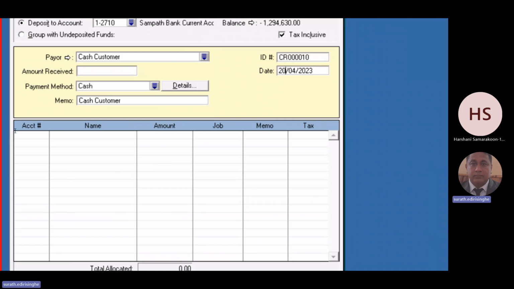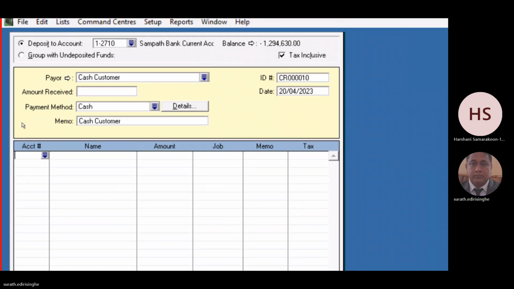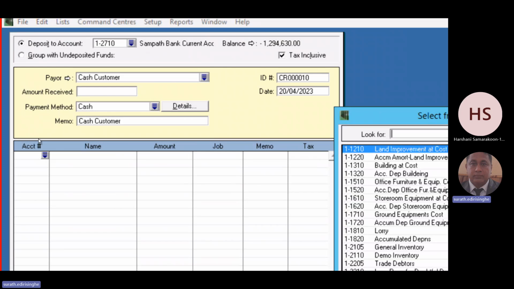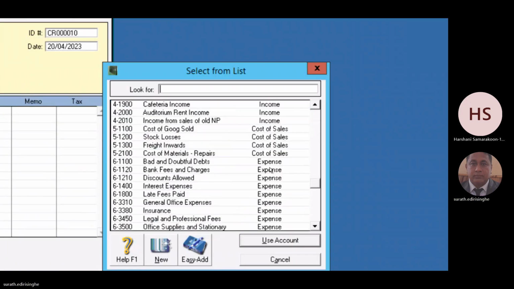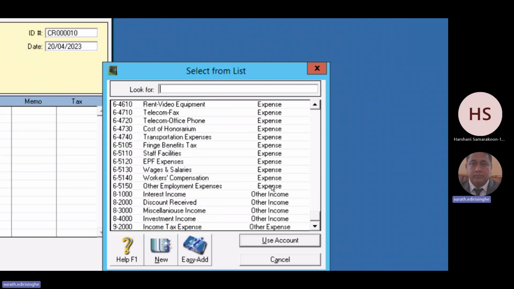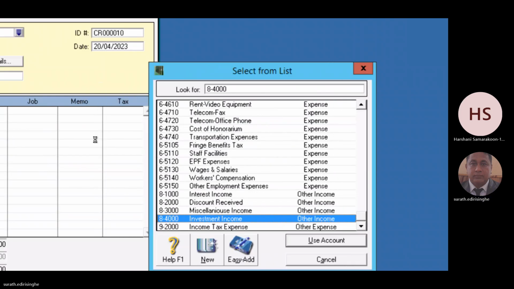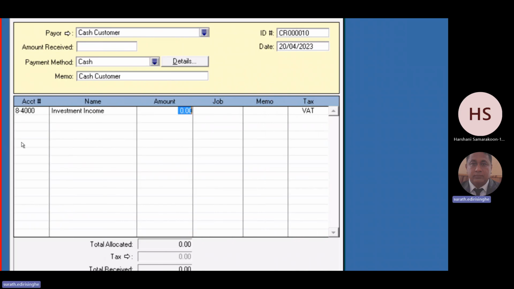Then amount, credited to your other income. Under the other income, investment income. Amount is 7,500, no? Including VAT.